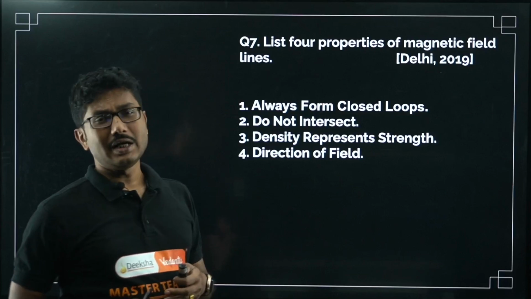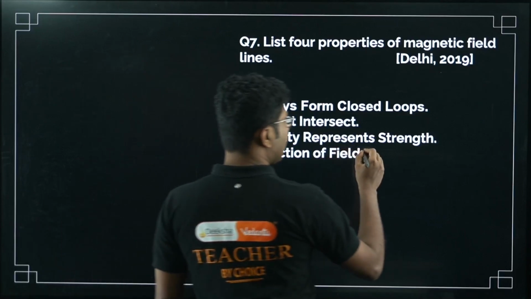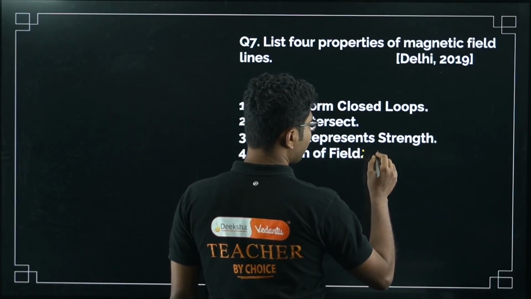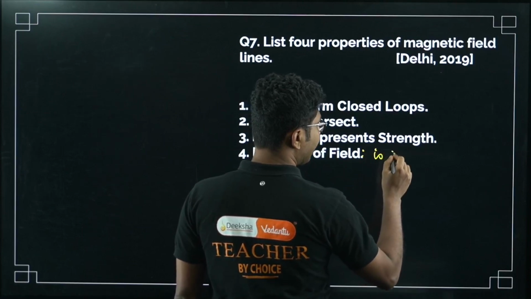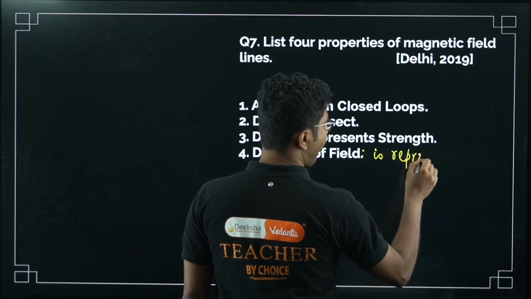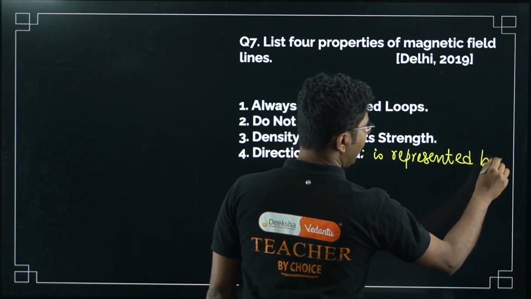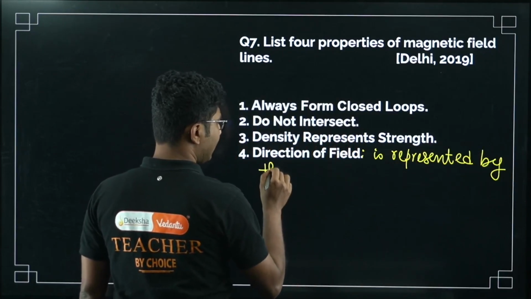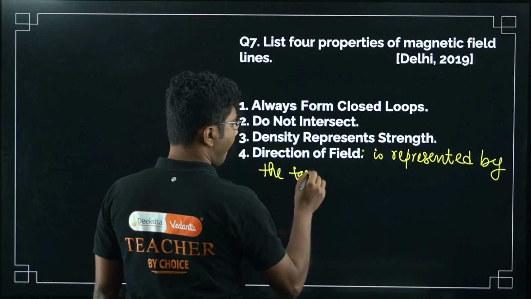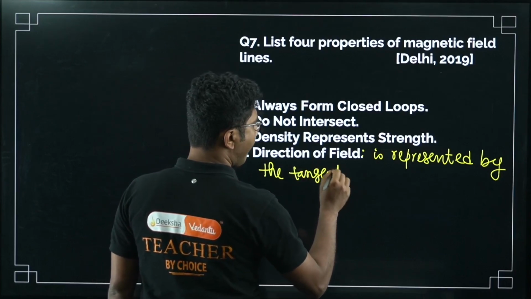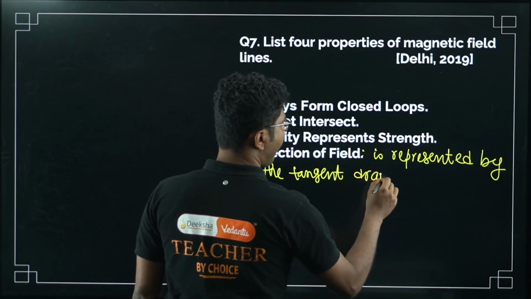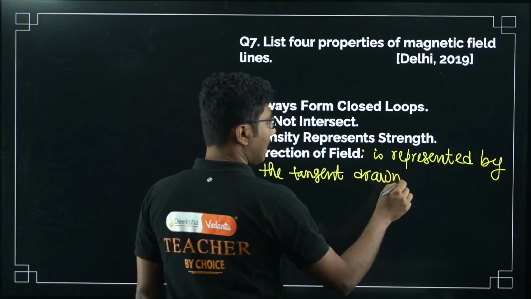Direction of field is represented by the tangent drawn on the line.